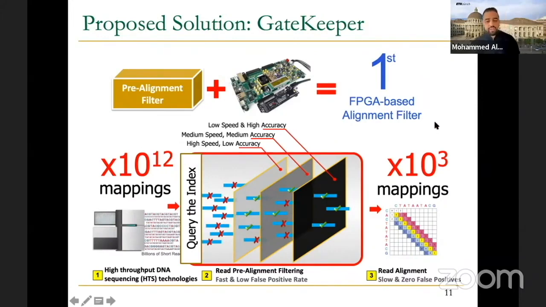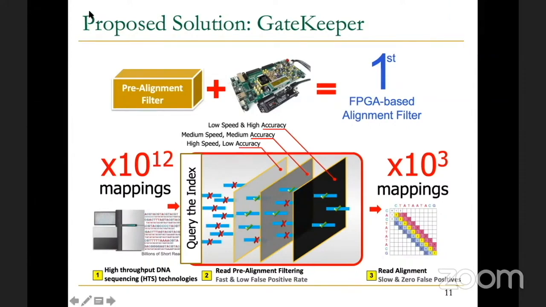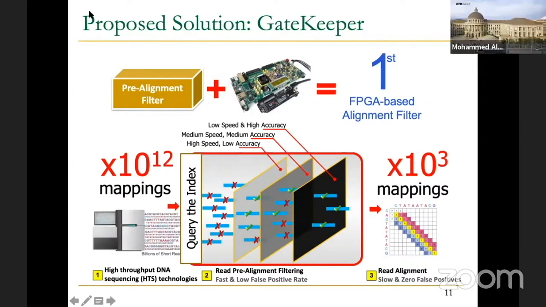So we go to each of these locations and try to fetch a segment that is equal to the length of the read, or with a certain margin. So if the read sequence is 100, for example, you go to location 1,000 and you fetch 120 characters starting from location 1,000, or even before that by some margin. Anyway, at least it should be the same length as the read itself.